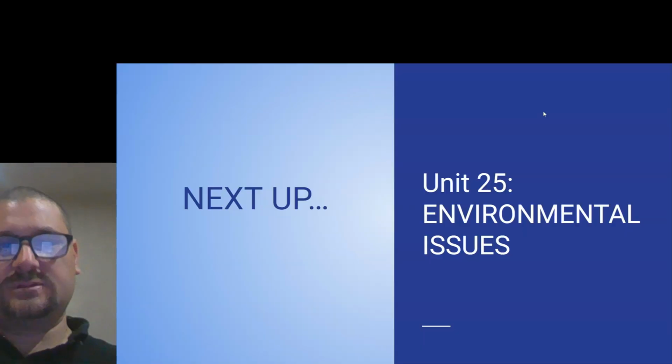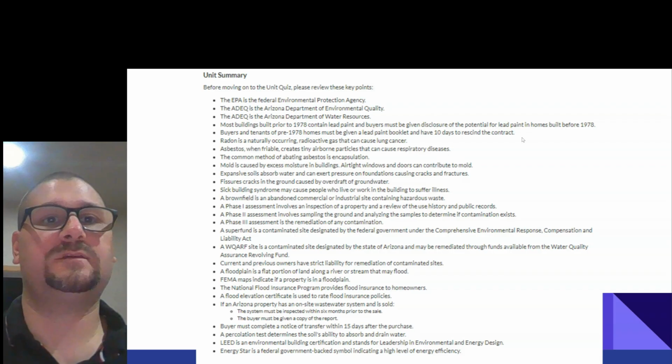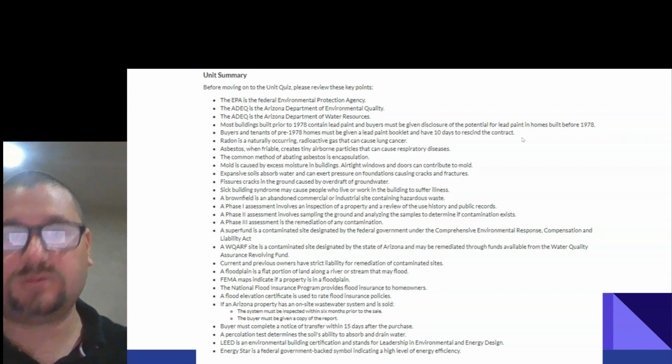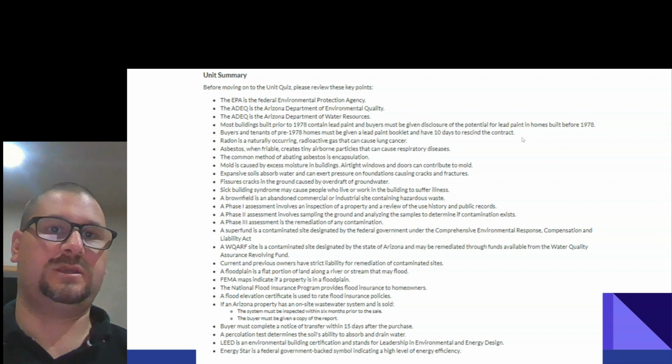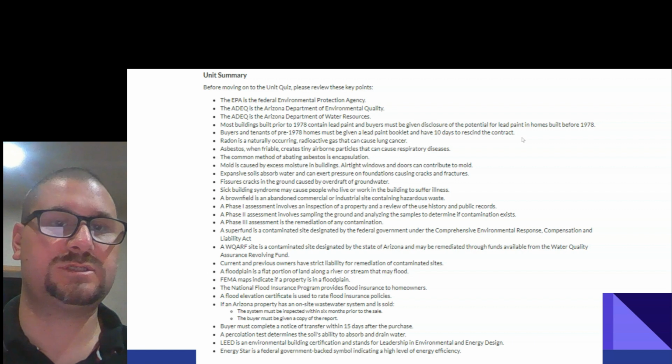All right, so we're going to go into Unit 25, talk about environmental issues. The Federal Environmental Protection Agency, the ADEQ, is the Arizona Department of Environmental Quality. It should be WR, it's the Arizona Department of Water Resources.